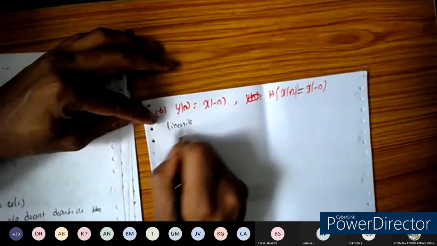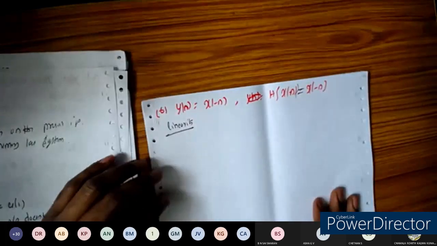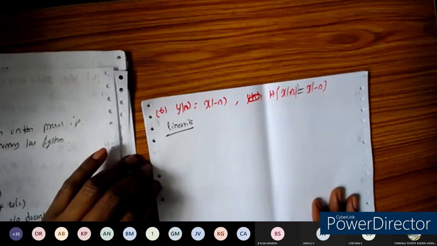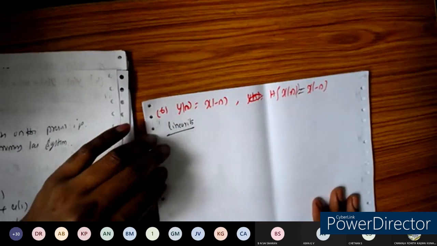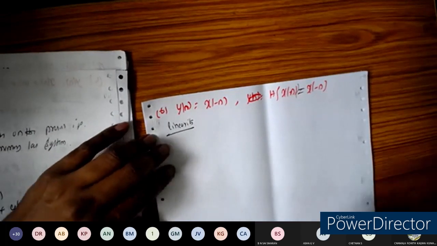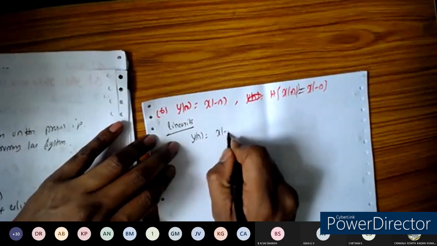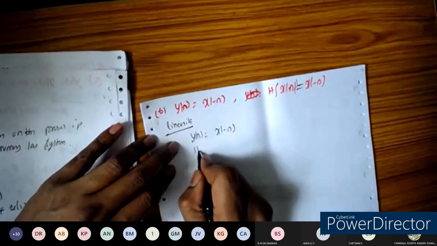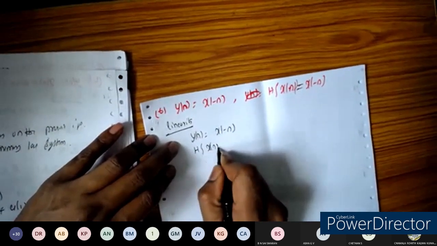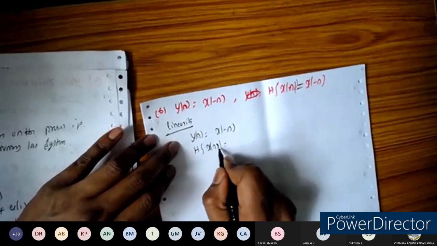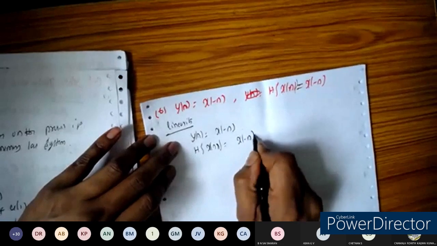First, let us verify the linearity property. The given system is y of n equal to x of minus n, or h of x of n is equal to x of minus n. Whenever we give x of n as the input, the output will be the time reflected sequence.